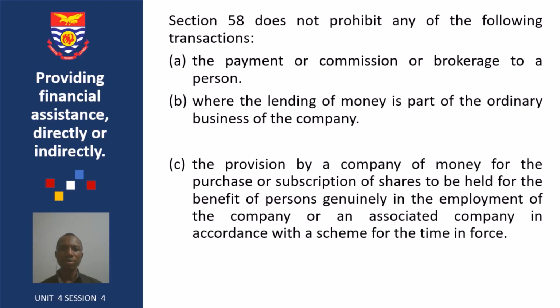Now, 1. When a company makes payments or commission or brokerage to a person who subscribes or agrees to subscribe, or has procured or agreed to procure, in consideration of the shares of the company, then that commission or the brokerage fee should not exceed 10% of the price of the shares or a lower rate as the company will provide.